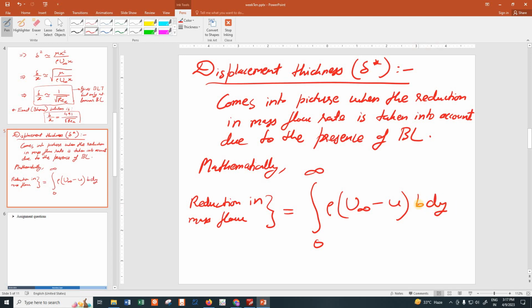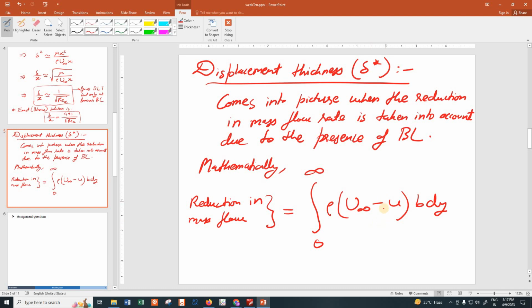Basically we are performing a volume integration. Because the width is constant, we are integrating in terms of height and velocity. U is a function of height y. We are performing the integration, and here u infinity, the free stream velocity, will be constant.